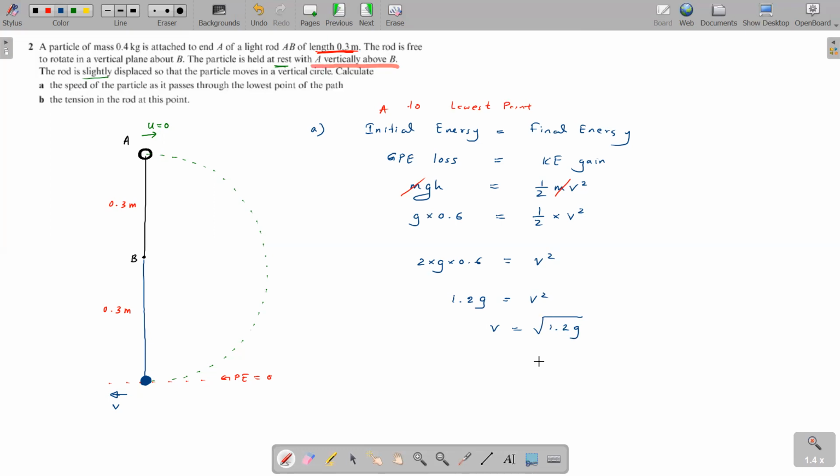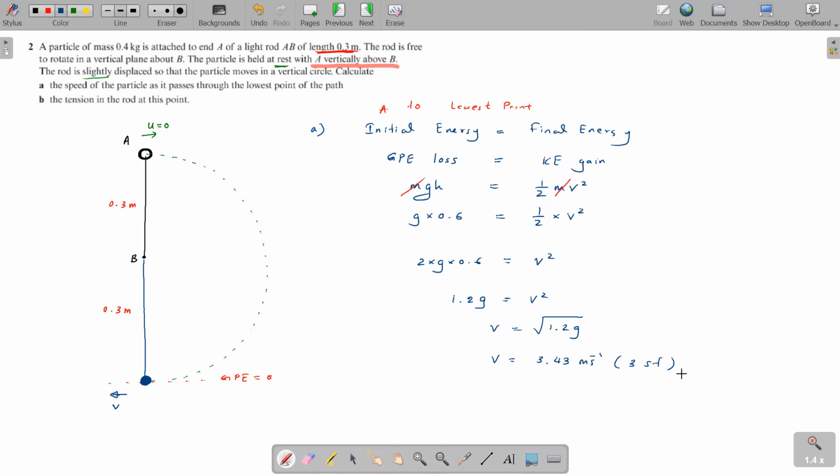Is that okay? That's the exact value, so I'll keep it as root 1.2g. And how much is the root value? When you take the square root of 1.2 times 9.8, you get 3.42928. So 3.43 meters per second. Make sure you mention that it is given to 3 SF.